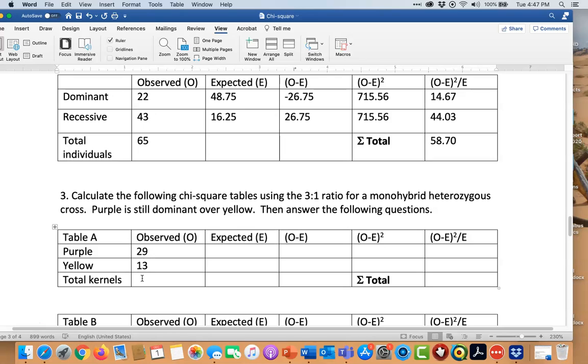So 29 plus 13. Just walking through those steps again. So the first thing to do is to add together what you get. 42. 42 divided by 4, because we're working with the same ratio again. 10.5. Multiply that by 3. That gets us 31.5.